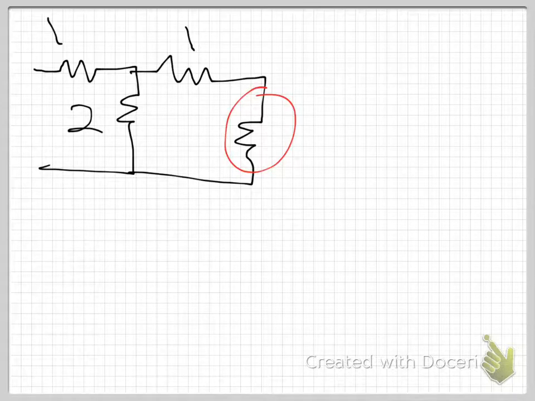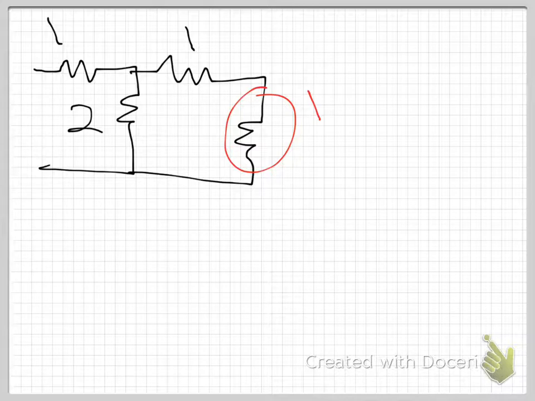This is my equivalent resistance, which I just found to be 1 kilo ohm. Again, I'm leaving off the units. When you're writing this on a piece of paper, please don't do that. Keep your units in. Always keep your units in. I'm breaking the cardinal rule of physics here just because it's difficult to write legibly on this screen. But keep your units in when you're working this out.